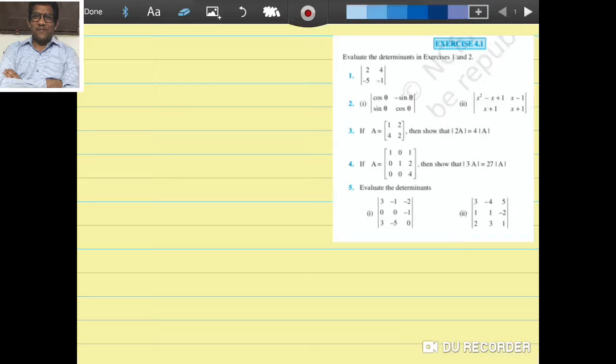Now exercise 4.1, evaluate the determinants in exercise 1 and 2. First, determinant 2 minus 5, 4 minus 1. We get 2 into minus 1 minus 5 into 4, that is minus 2 plus 20, that is 18.